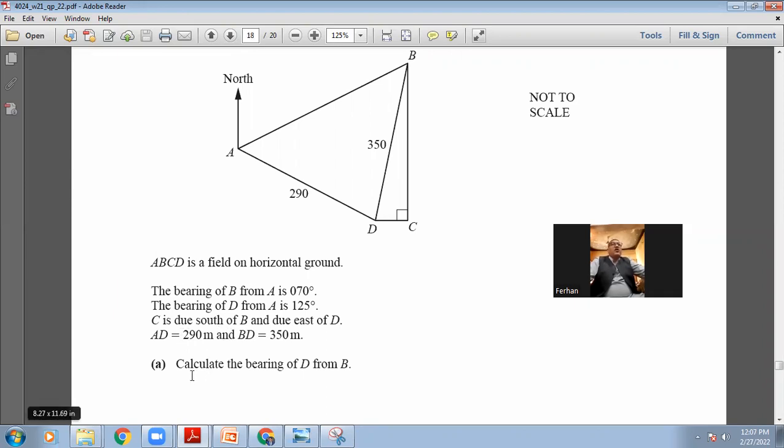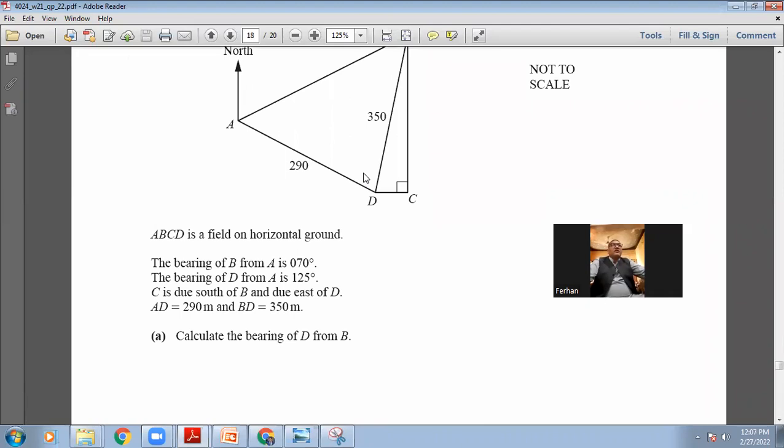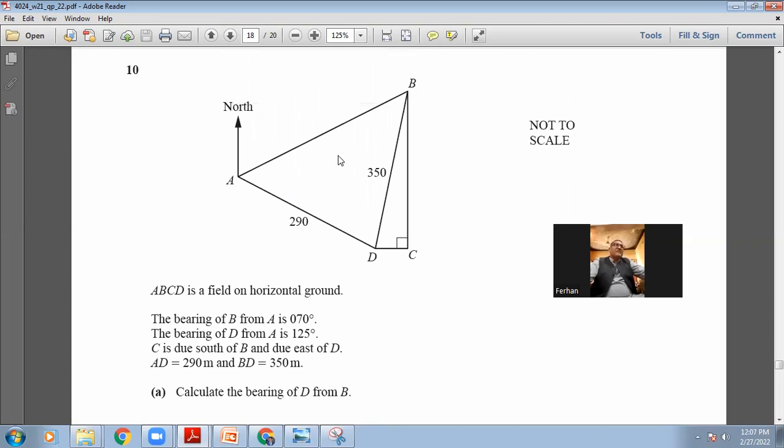Okay, so calculate the bearing of D from B. Let me show you the strategy.